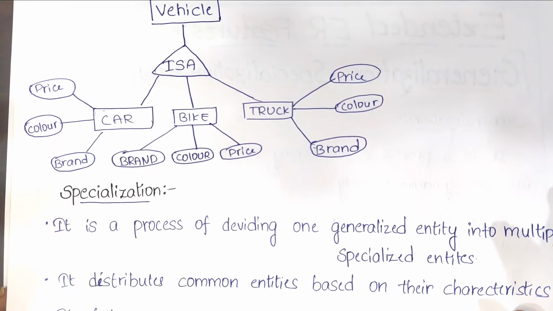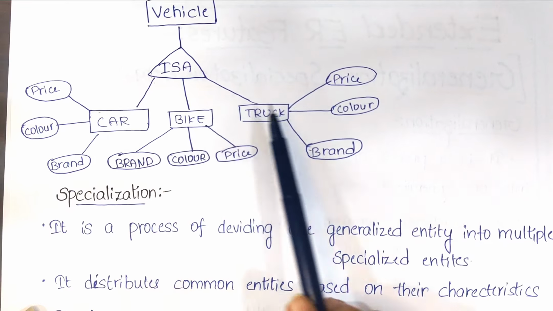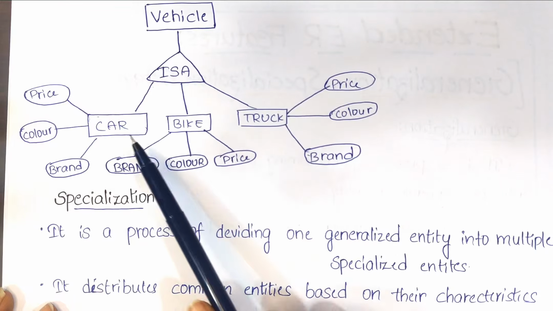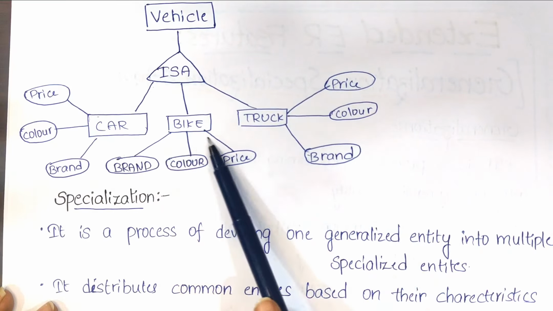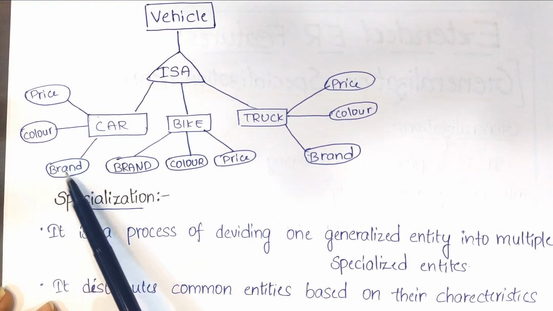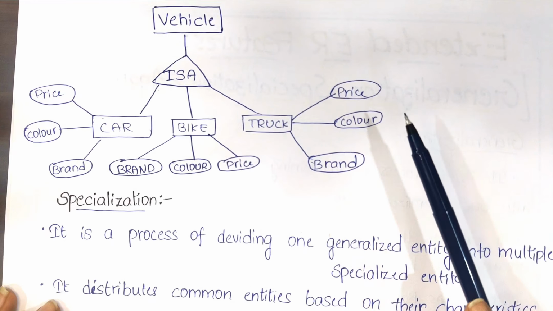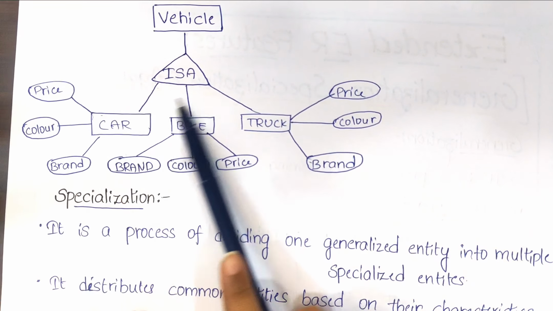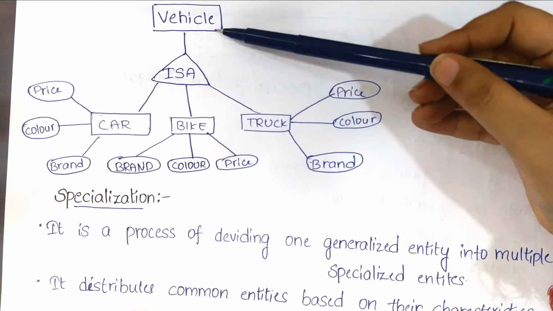Let's understand this using an example. I have said already, a car, bike and truck. I have taken the same example here and drawn rectangles because each is an entity, and these are the attributes. Car has price, color, brand, and bike has brand, color, price, and truck has price, color, brand. All these entities have similar kinds of attributes. So we are combining all this and creating a generalized name called vehicle.